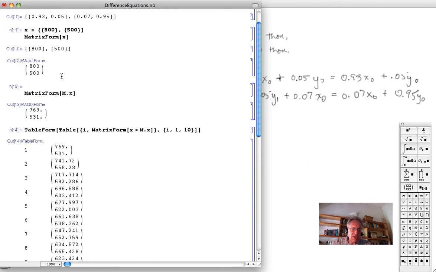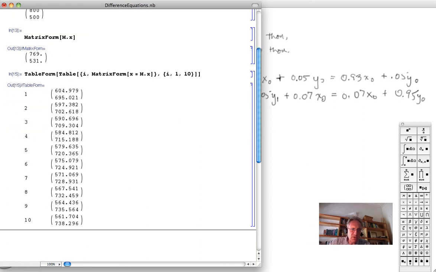In fact, we could carry this a lot farther. Let's go 10 more steps. You see that the urban population has gone down below the suburban population. Let's go 10 more.